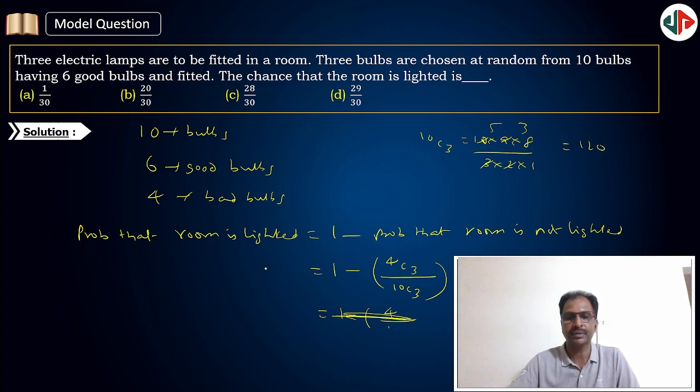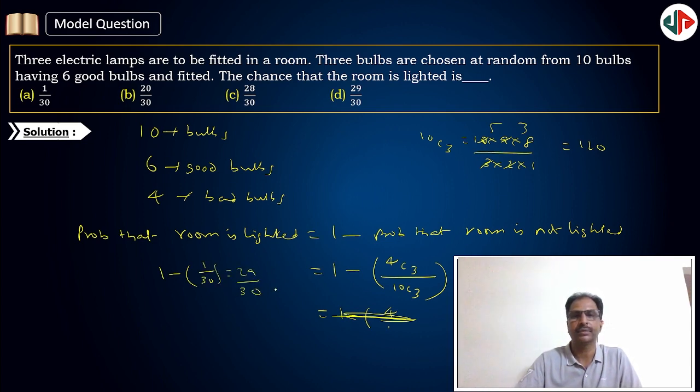So 1 minus 4 by 120, which is 1 minus 1 by 30, which is 29 by 30. Option D.